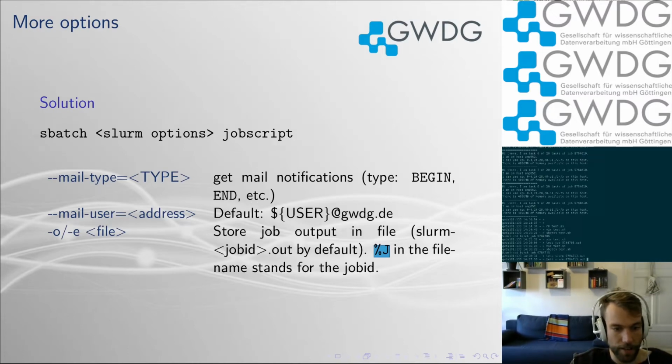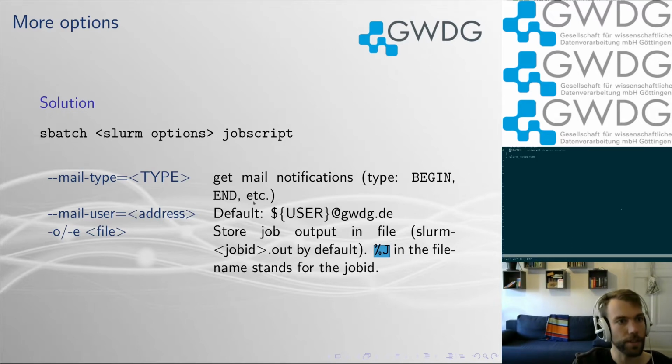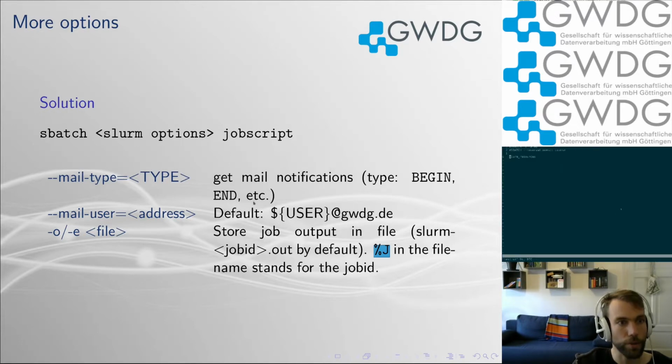Since we just had that example, I want to have vim test.sh. So what I could do here, wait, I want to have sbatch --mail-type. I mean, you won't see it because I'm getting the mails, but I could have begin and end.